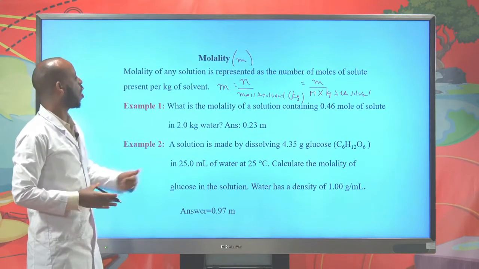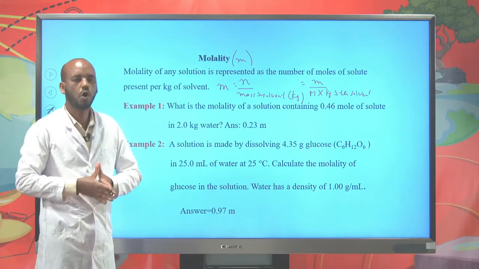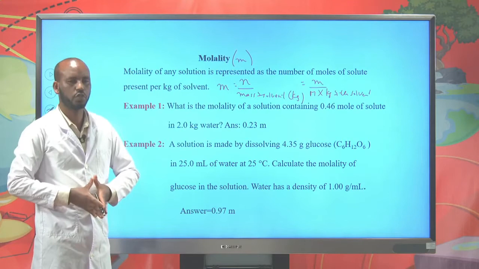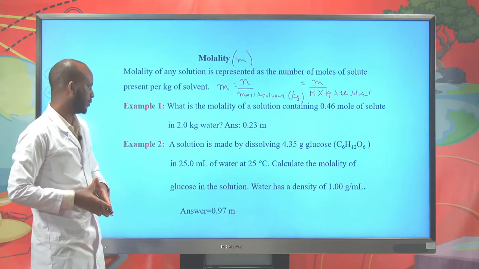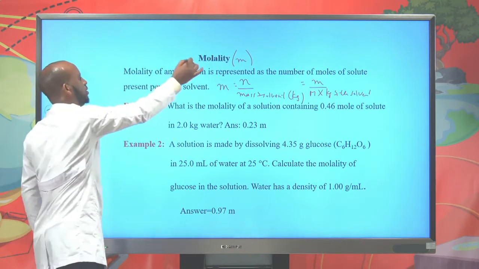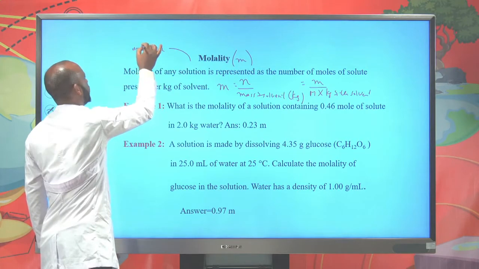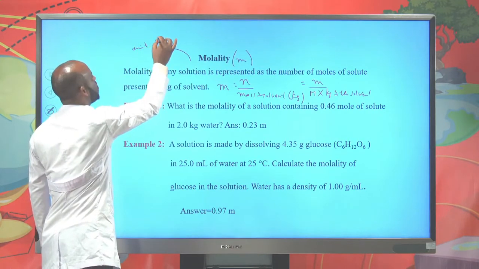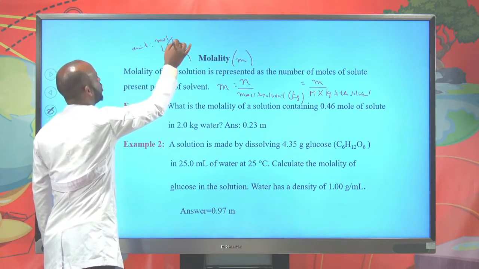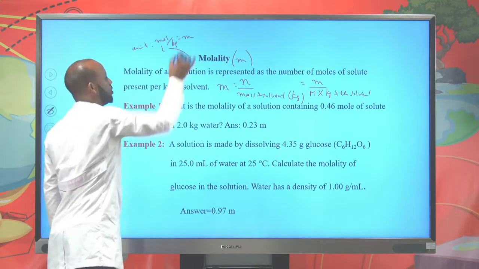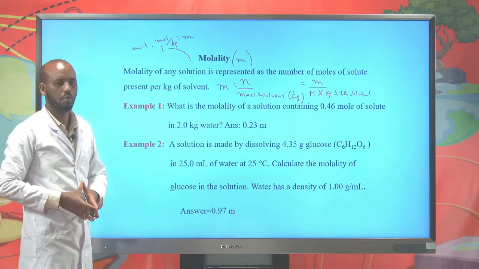The unit of molality is mole per kg, which is known as molal, small m.